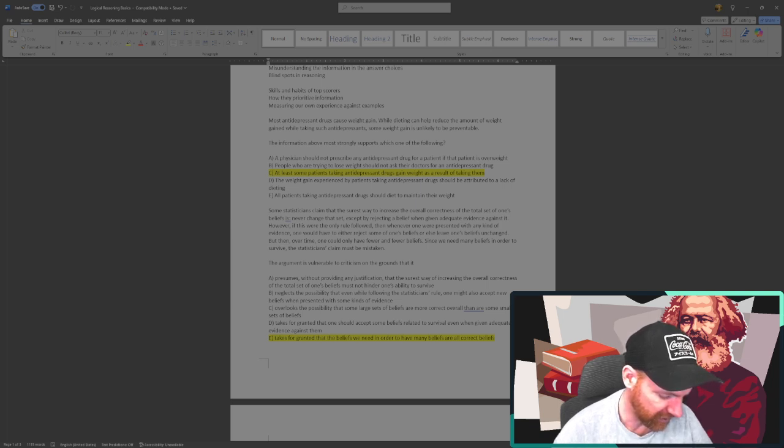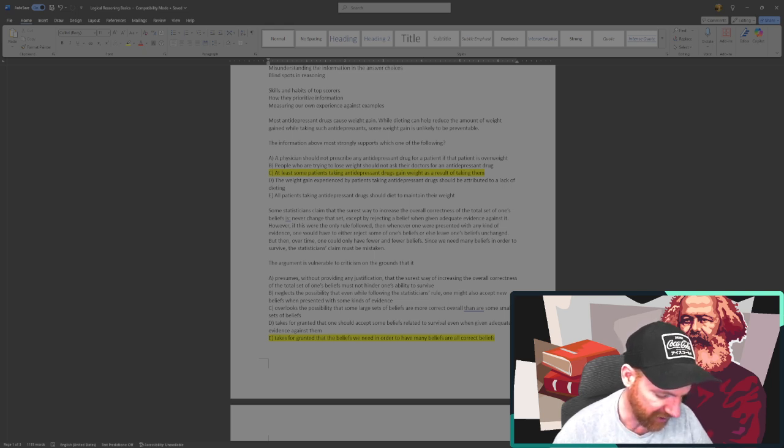The argument is most vulnerable to criticism on the ground that it presumes, without providing any justification, that the surest way of increasing the overall correctness of the total set of one's beliefs must not hinder one's ability to survive. B neglects the possibility that even while following the statistician's rule, one might also accept new beliefs when presented with some kinds of evidence.